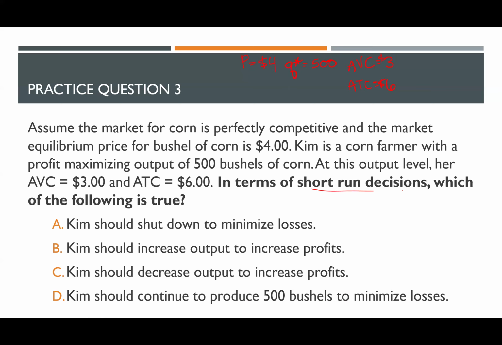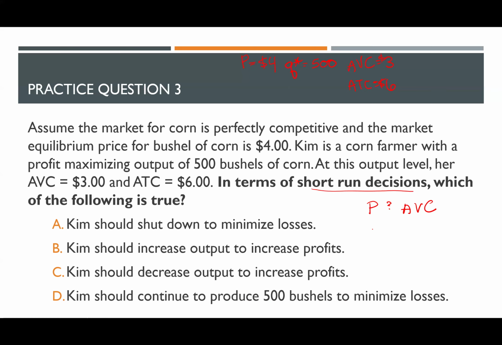So in the short run, we're essentially looking at this shutdown decision when we face losses. And remember, we said that we can compare price and average variable costs to figure out what she should do, right? If price is less than average variable costs, she should shut down. If it's more than average variable cost, she should stay open.